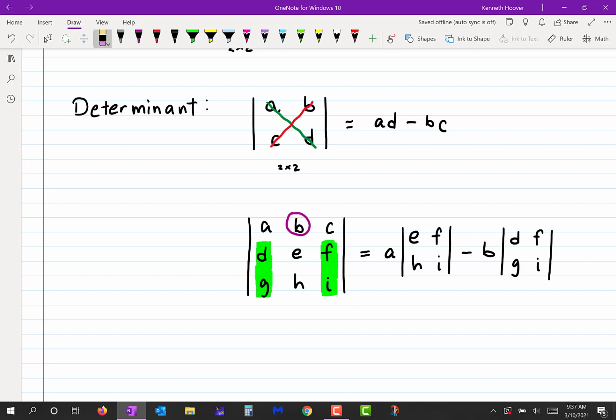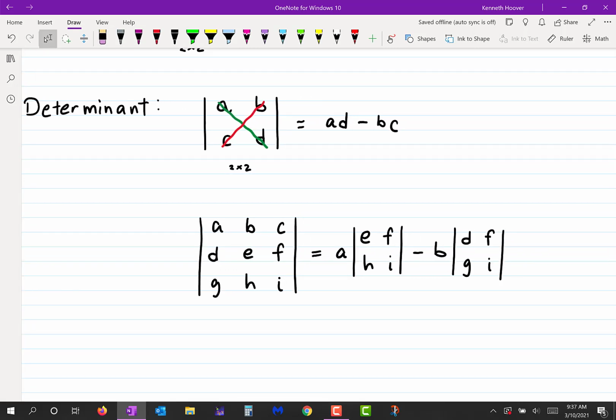Okay? And then plus, very important to switch back to plus, this number times the determinant of this 2 by 2 corner. So that would be C times the determinant of DE, GH.